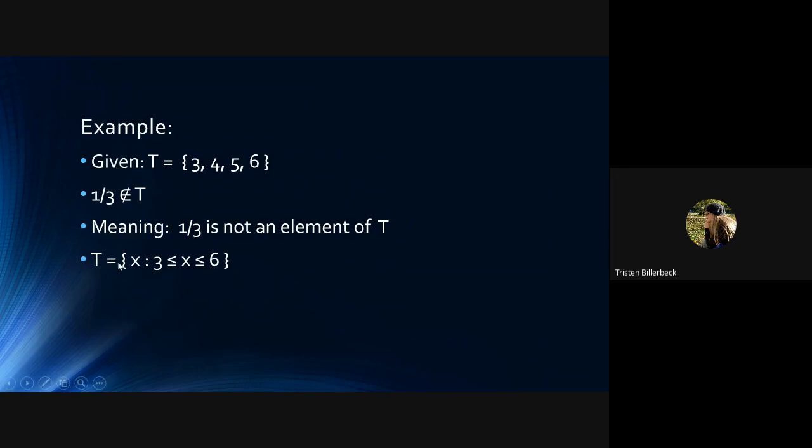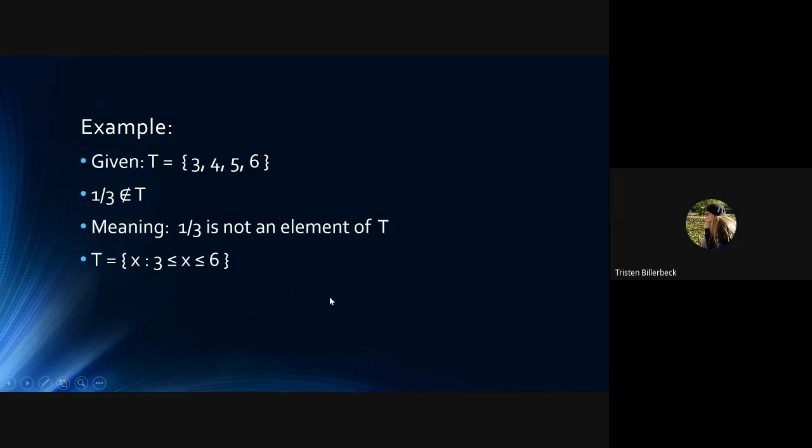Okay, T equals the set of x such that x is greater than or equal to 3 and less than or equal to 6. So that means it could be 3, 4, 5, 6 if we were only talking about integers.